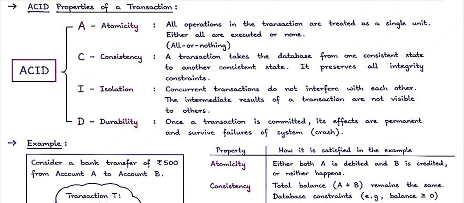Concurrent transactions do not interfere with each other. The intermediate results of the transactions are not visible to others. D for durability. Once a transaction is committed, its effects are permanent and survive failures of the system.